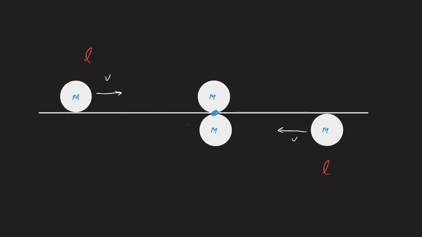And in the split second before they touch, this mass had a velocity in this direction, and it was traveling in a straight line. Its angular momentum has to be r cross p. But this has to be r perpendicular times mv.